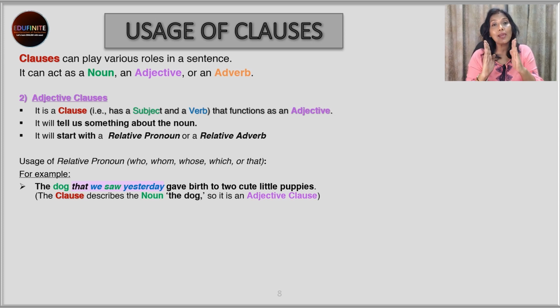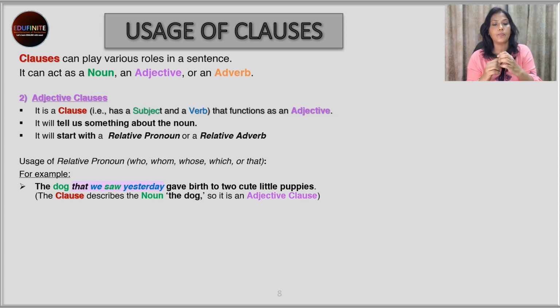So that we saw yesterday is the clause. What clause is it? It is the adjective clause. Why? Because those words, that we saw yesterday, whom did we see? The dog. So it's describing the noun the dog. Hence, it is an adjective clause.